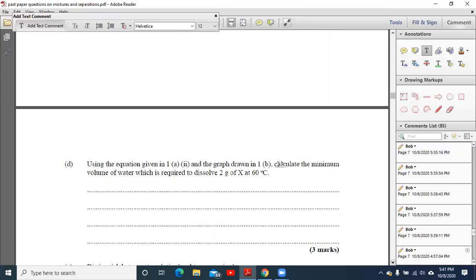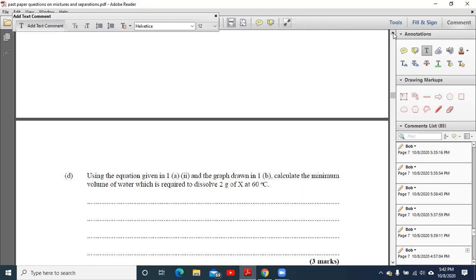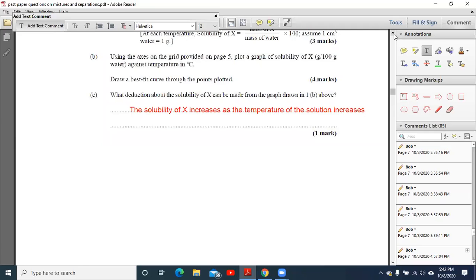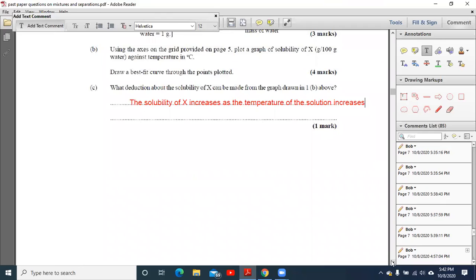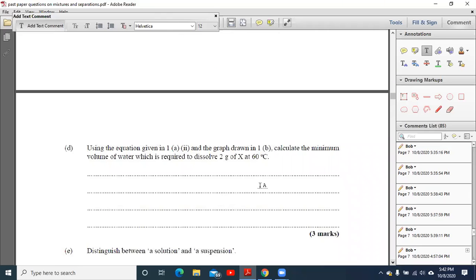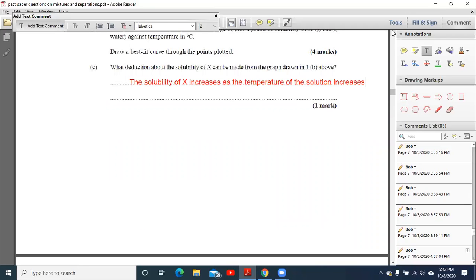So using a graph as well, calculate the minimum volume of water which is required to dissolve 2 grams of X at 60 degrees Celsius. So from the graph, we can find the solubility at 60 degrees Celsius. We know that because we can use solubility graphs to find the solubility at any temperature that is in the range of the graph.